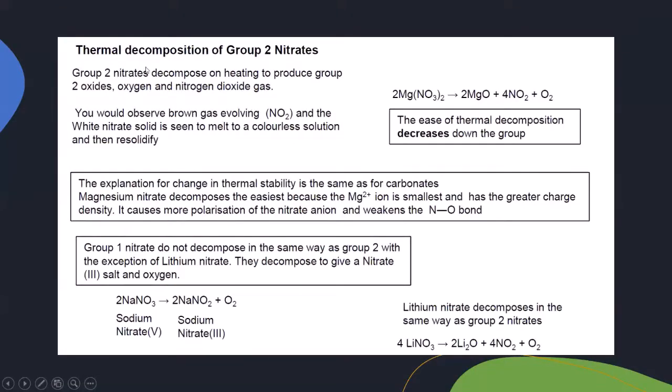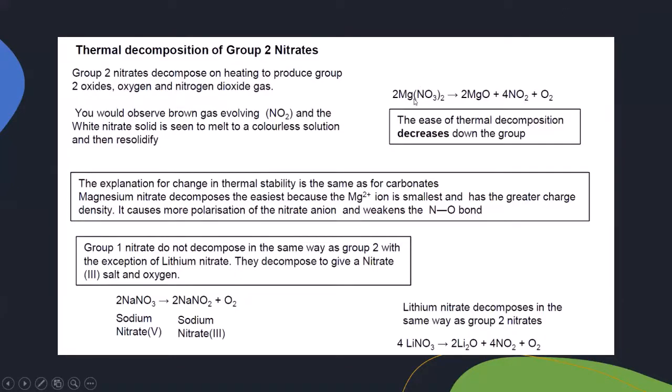Then thermal decomposition of nitrates: as we go down the group, they become more stable. The same reason applies, because magnesium is smaller in size and causes more distortion as compared to calcium. And group 1 nitrates do not decompose in the same way, except lithium nitrate, which is the same as group 2. The others decompose to give nitrite plus oxygen.